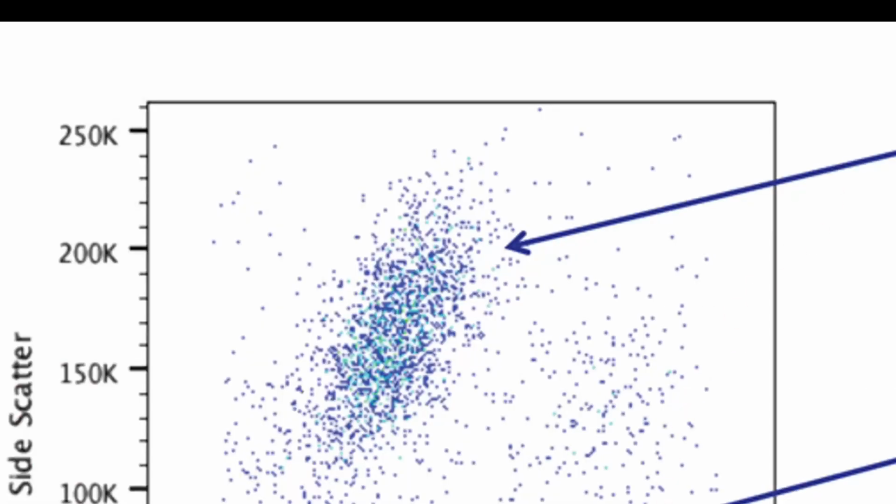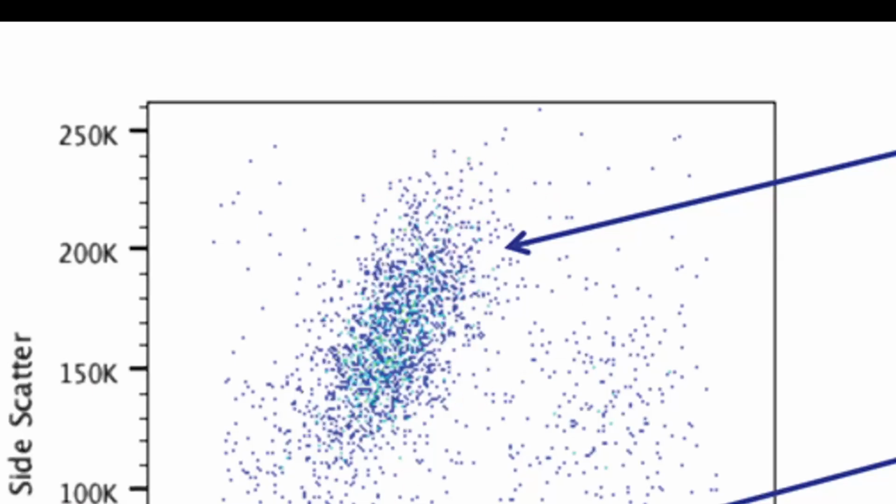And this is how you read a flow cytometry plot or a FACS plot. Increasing side scatter is on the y-axis and increasing forward scatter is on the x-axis. So the further you move up the y-axis, there is increasing side scatter, which depicts granular cells, like this population of granular cells.